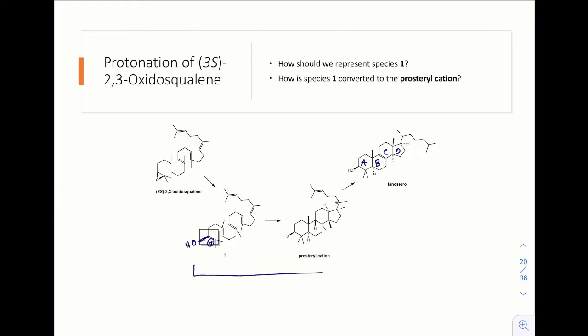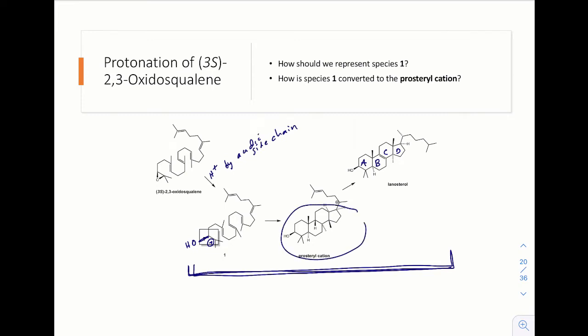So this whole transformation, species 1 to linosterol, this is all happening in this oxidosqualene linosterol cyclase. So there's the protonation by the acidic side chain. Then all 4 of these rings are formed, and that's what we're working on right now. And this is going to occur by a series of electrophilic addition reactions to the alkene.